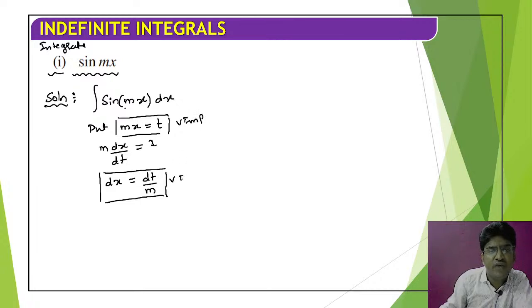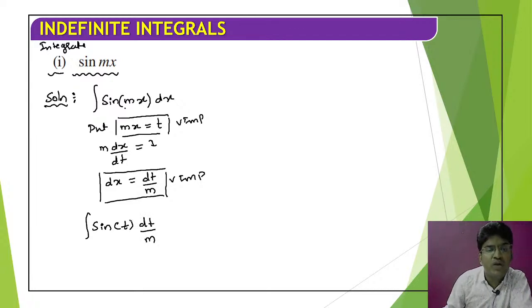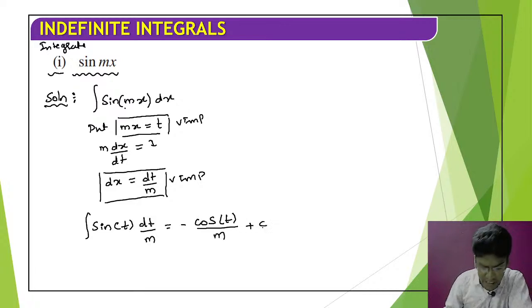Now you have to replace the terms. Integration of sine of mx, you are writing it as sine t, and dx you are writing it as dt divided by m. Clear? So now what is the integration of sine t? That is minus cos t, and divided by m is constant, write as it is, plus c.